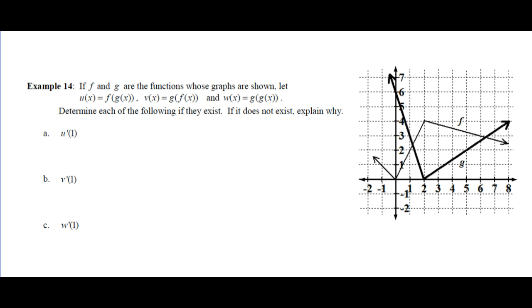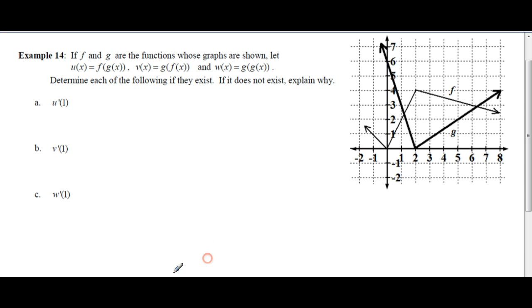Example 14. Okay, so we have f and g are the functions whose graphs are shown. u of x is f of g of x. Determine each of the following if they exist, and if it does not exist, explain why. So u prime of 1.